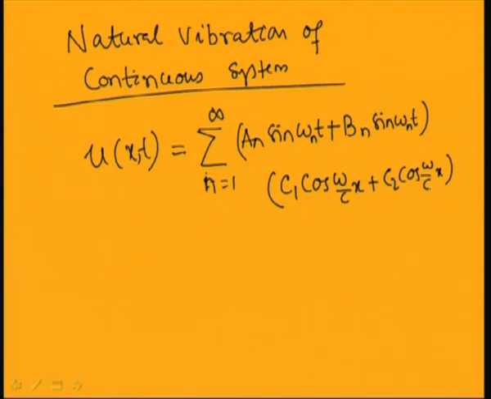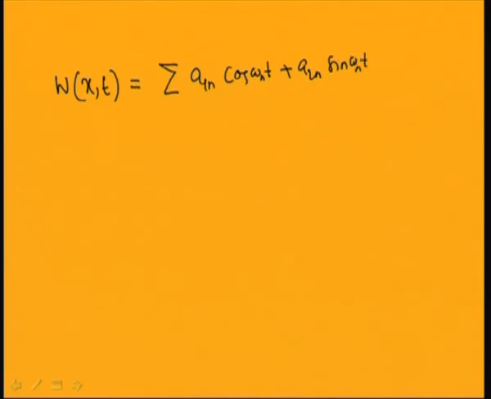Let us, for example, take the case of a simply supported beam. In this case you can write the transverse displacement W x t in this way: a 1 n cos omega n t plus a 2 n sin omega n t, into the mode shape.